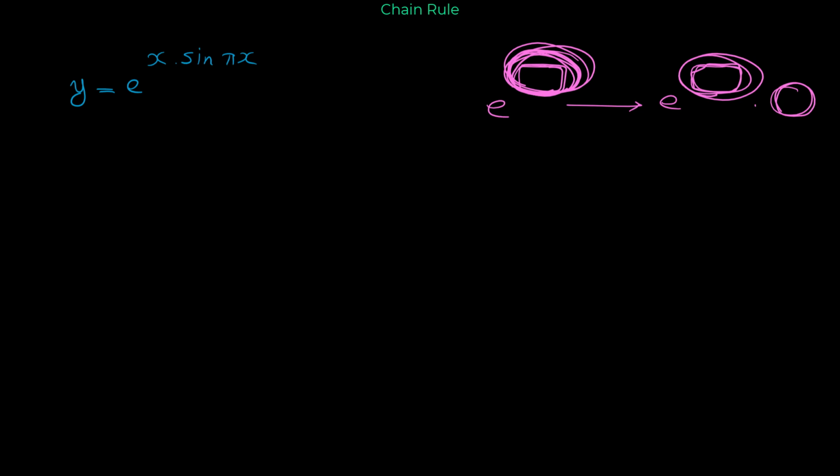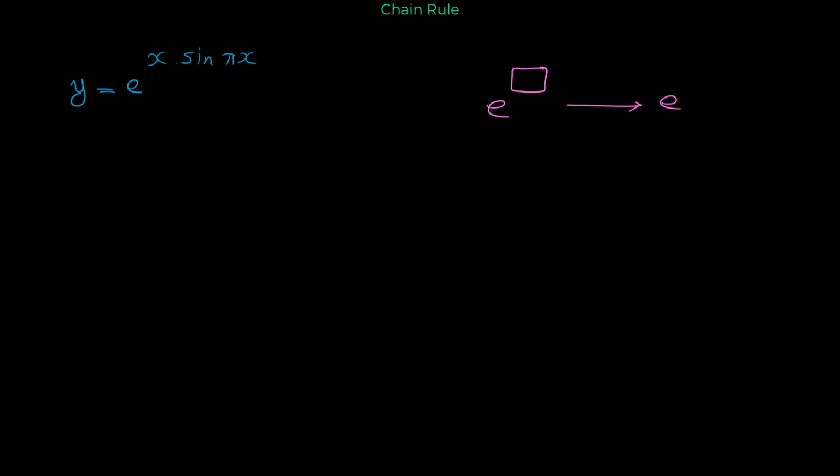So we can memorize this formula in this way. When we have e to the power of something, derivative of e to any power is itself. Copy the same function. This is derivative of the outside, and then multiply it by derivative of the box, derivative of the exponent.